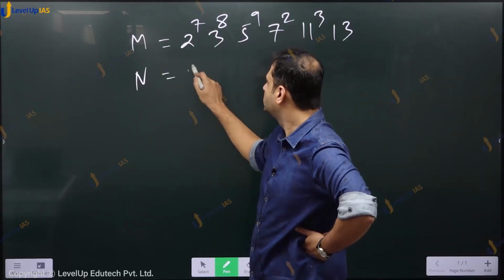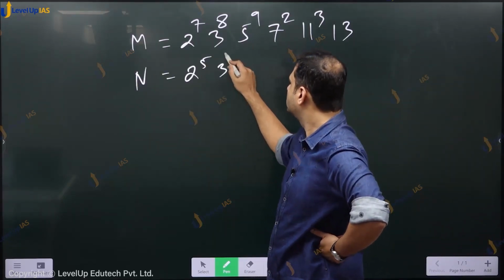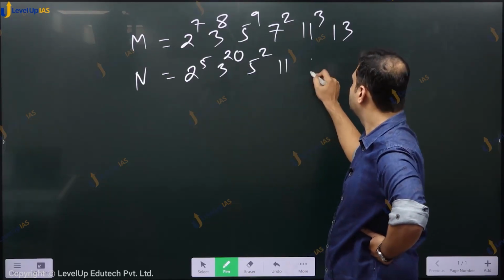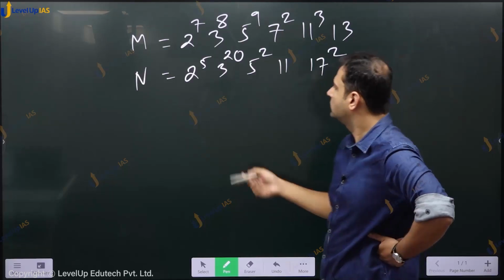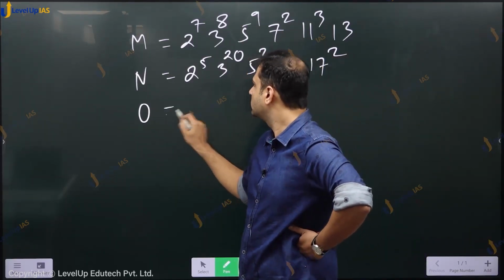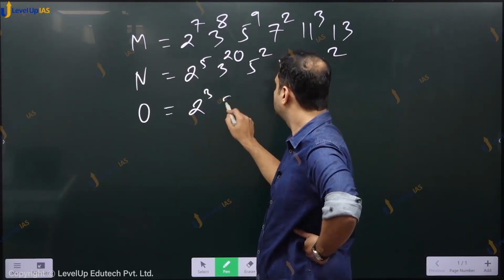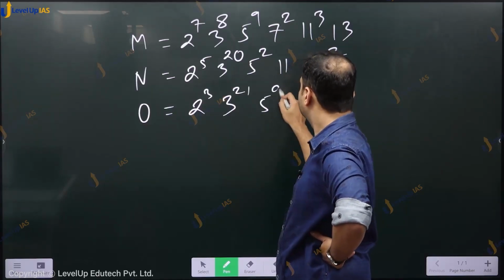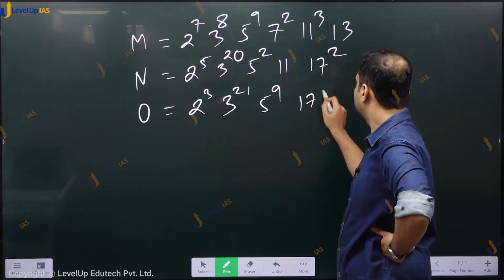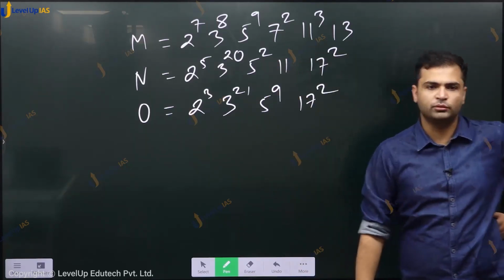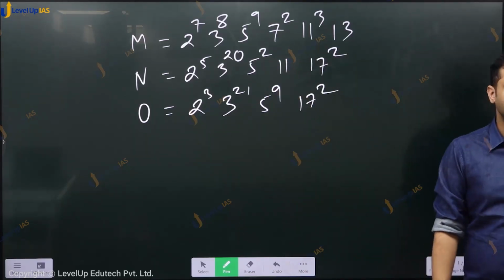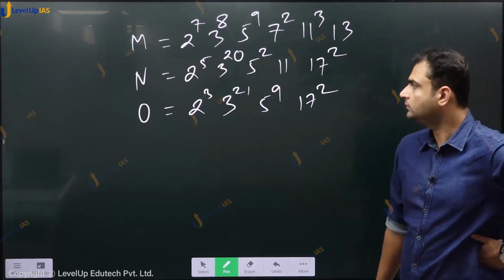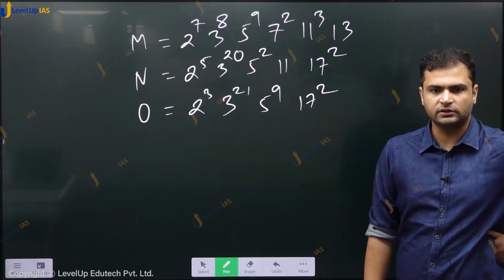N is equal to... If I have these three numbers, what would be the HCF or highest common factor of these three numbers?